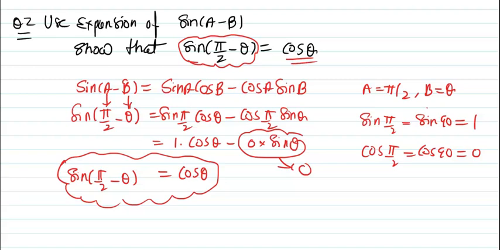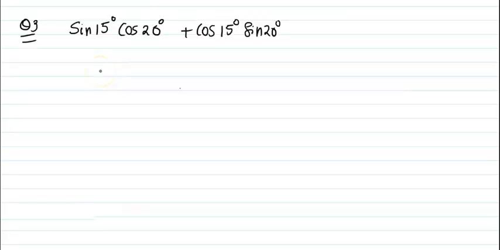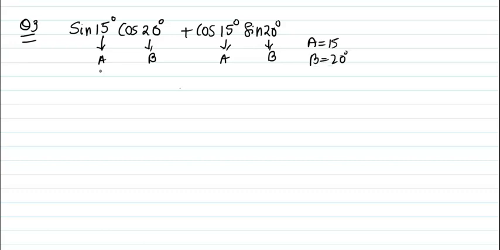Is that okay? So in this question, they want us to express it as a single sine function. So see, if we use 15 as A and 20 as B, remember, A is 15 and B is 20, right?